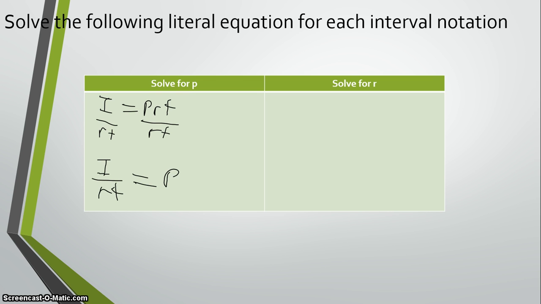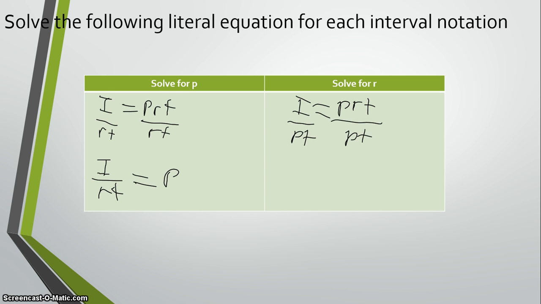The answer is I over RT equals P. It's basically just getting rid of the RT on the right hand side of the equation and putting it where it should be, right under the I. So the same thing goes for R, only instead of P, it's R. You basically do the same exact thing.